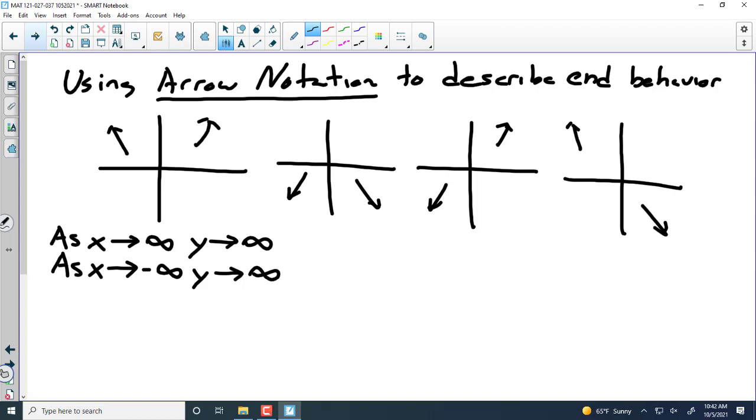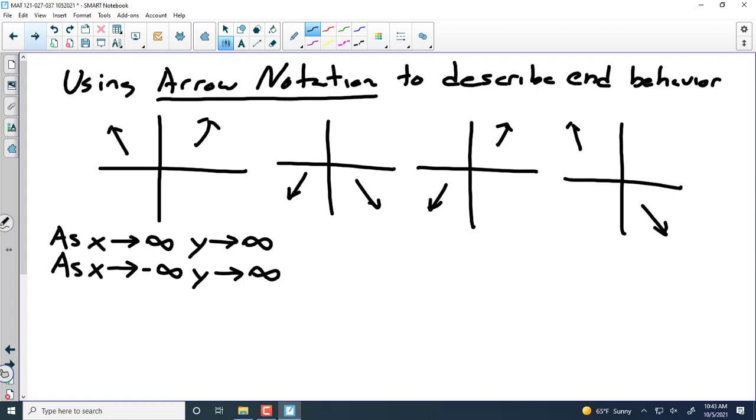Now, does anyone remember how I told you we say the arrow out loud? Approaching or approaches, yes. So what we say is as x approaches infinity, as we go really far out to infinity, the function itself is going up to infinity. As we go really, really far out negative infinity in this direction, the function itself is also going up to infinity.